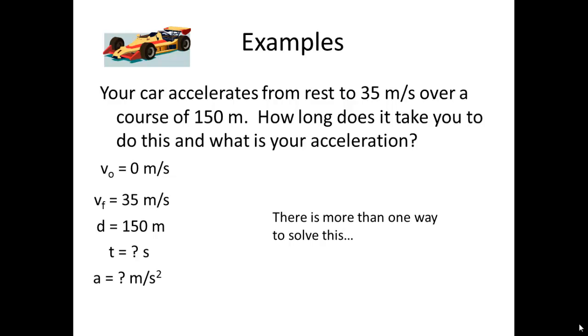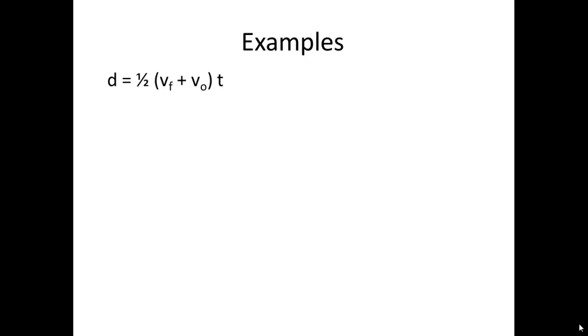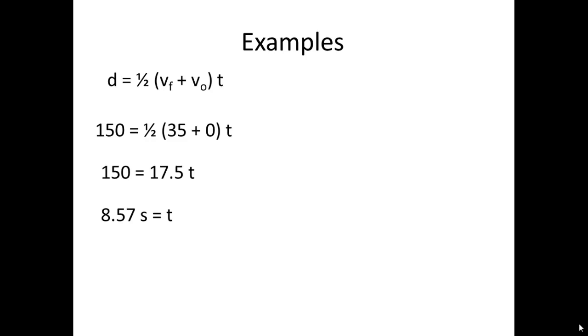Here's the one that I chose. Solving for time first. Distance is 150, final velocity is 35, initial velocity is 0. 150 equals 17.5 times t after we take the 1/2 times the 35. Time equals 8.57 seconds.